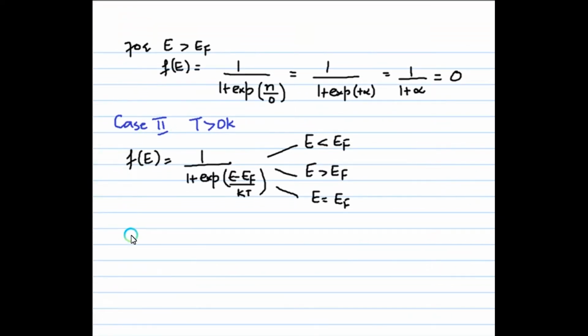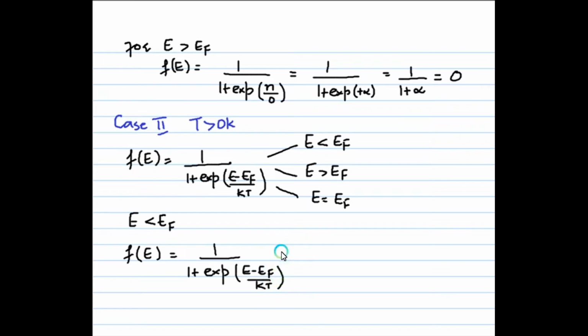So when the energy E is less than EF, our f of E will be 1 upon 1 plus exponent term E minus EF upon KT.